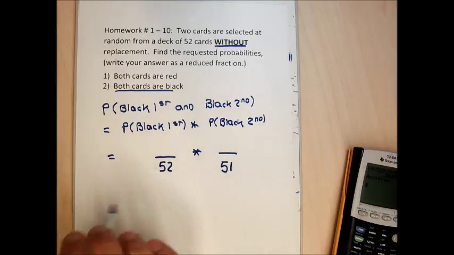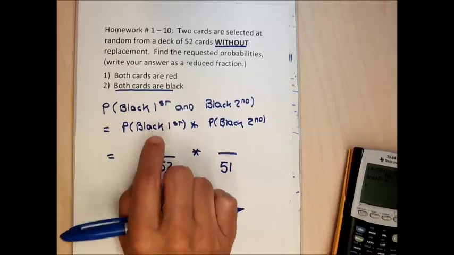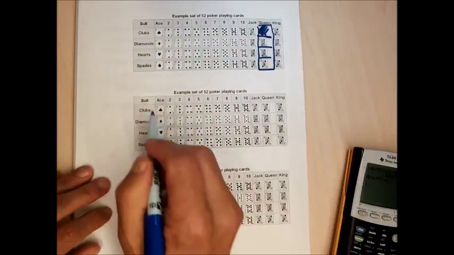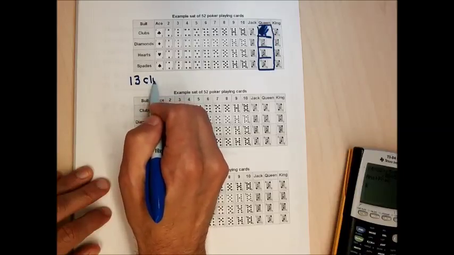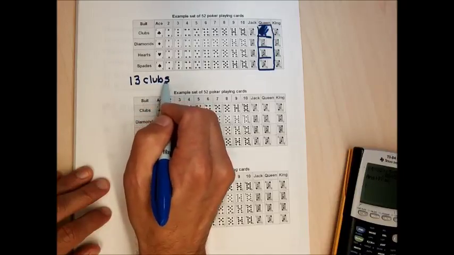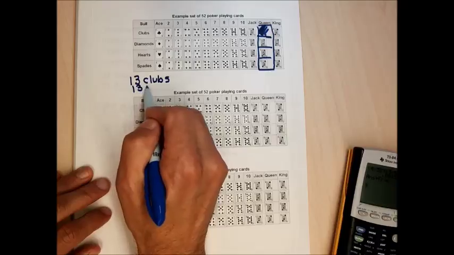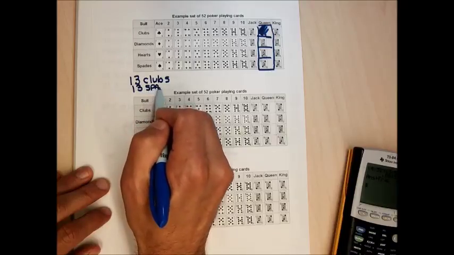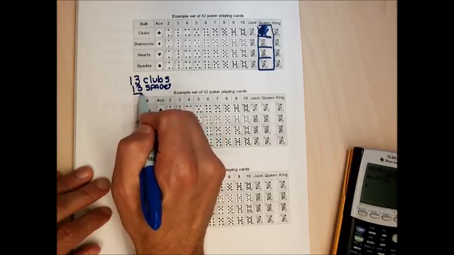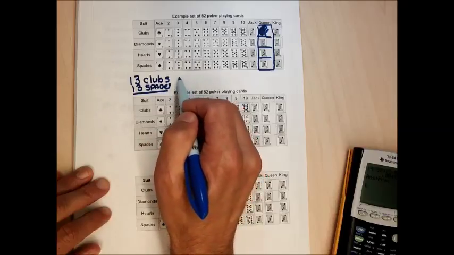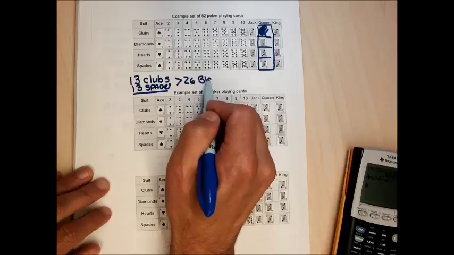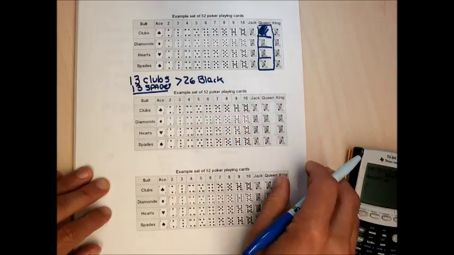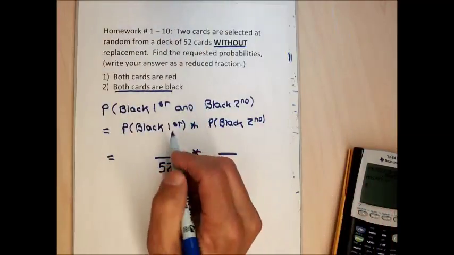The numerator for my first fraction is just the number of black cards in my deck. The black cards are the clubs and spades. There are 13 clubs and 13 spades in my deck that count as the black cards, a total of 26 black cards. So the numerator of my first fraction is going to be 26.